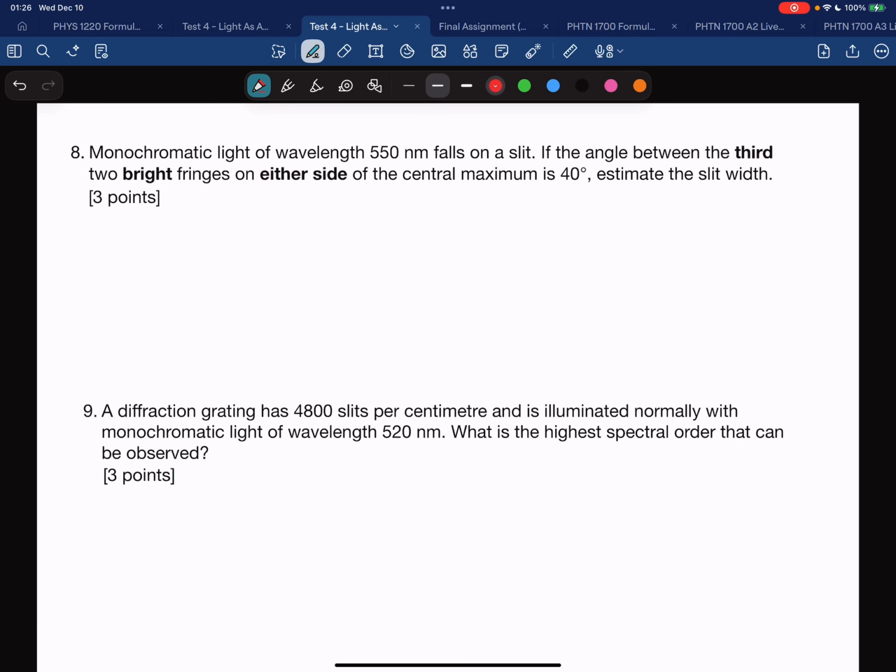Okay, so this is a single slit diffraction. I know I will be using m lambda equals d sine theta, and I know I'm looking for slit width, so I know I'm going to have d equals m lambda over sine theta.